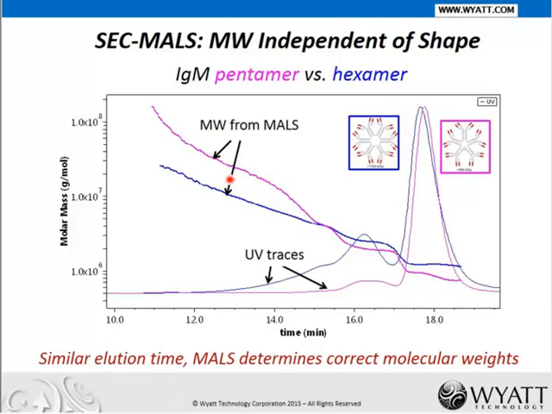Light scattering was able to measure the correct molecular weights for each of the forms and their aggregates. So even though they may elute at very similar times, we can see their molecular weights are different. This shows the importance of using MALS after size exclusion chromatography in order to measure the correct molecular weight.